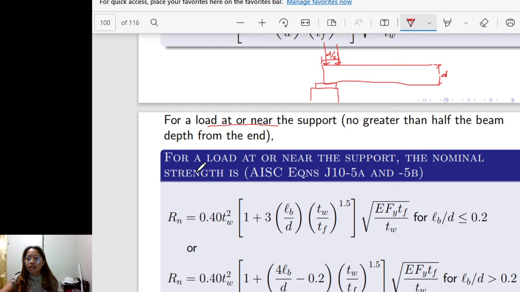This is the nominal strength for a load at or near the support, from the AISC equations J10-5A and 5B.